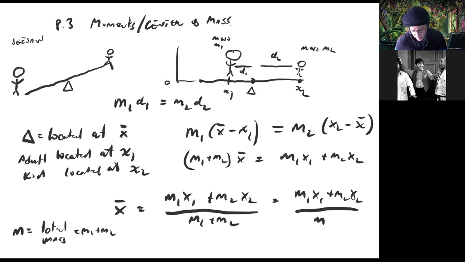So the numerator is a weighted average, and the denominator is like a normalization constant. This is very similar to how you would weight an exam, for example, if you have multiple exams. Okay, so that's for two people.